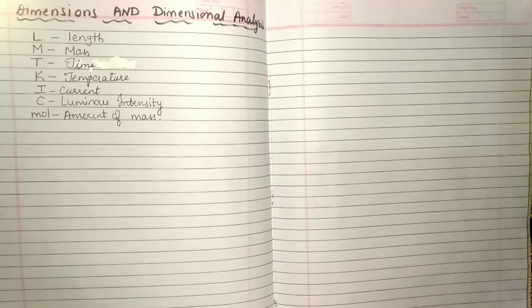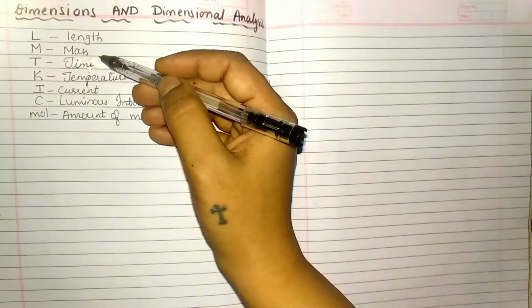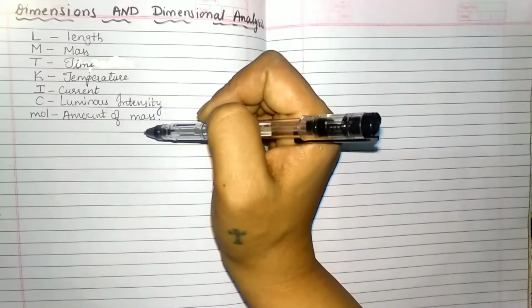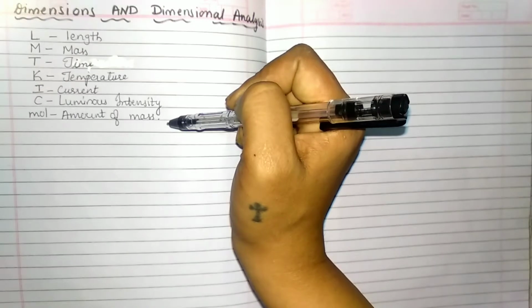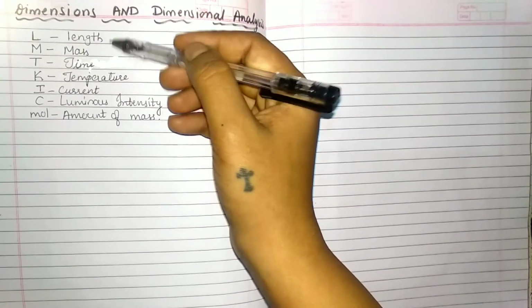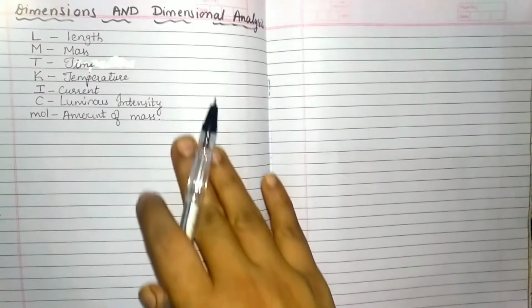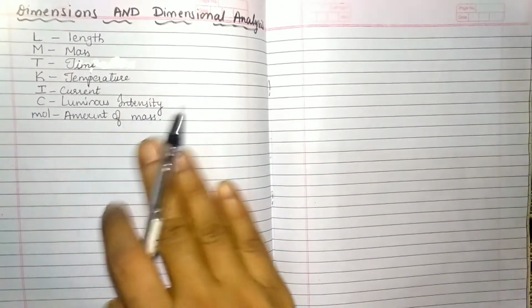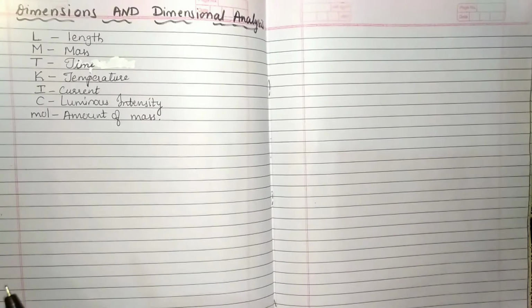Means any object or anything which you consider in physics has some dimension, whether it is length, mass, time, temperature, current, luminous intensity, amount of mass, or any combination of these. So basically these 7 can be used to analyze any physical quantity dimensionally.